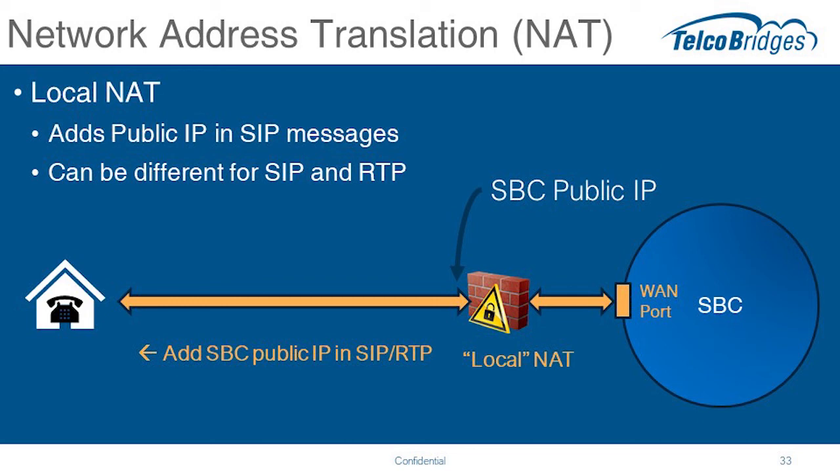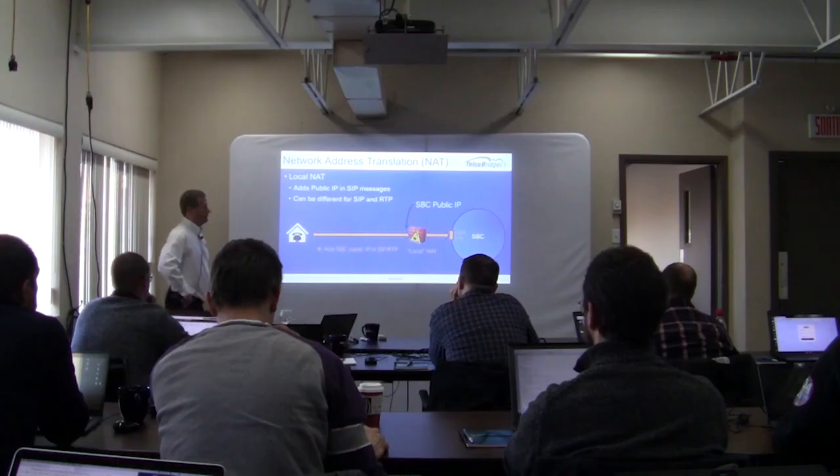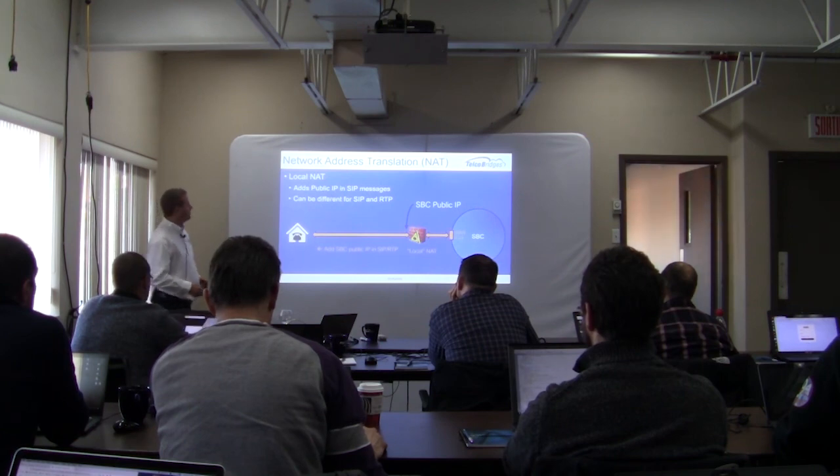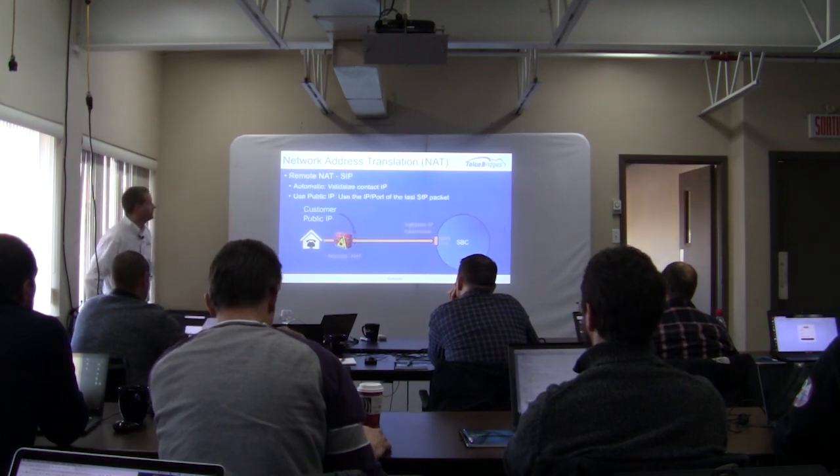So you can configure what public IP you want to put in the SIP messages or the RTP messages, and they could be different. Maybe they're going through 2 different firewalls. So you can do this. I thought there was another mode for public IP, but I didn't put it here.